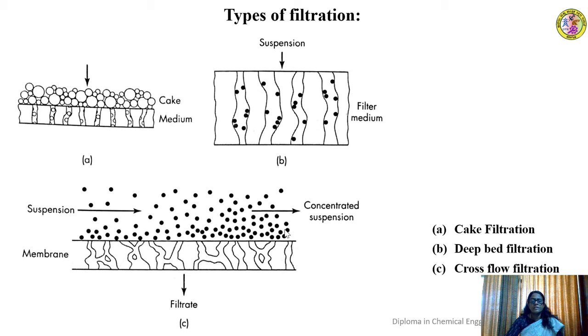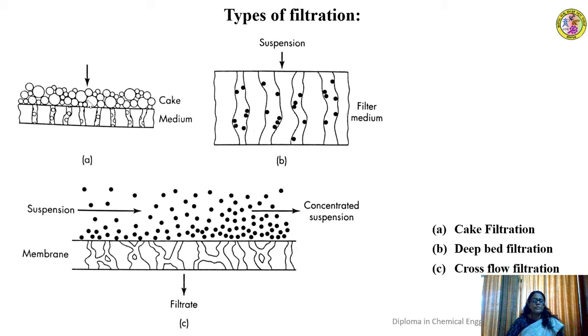This diagram shows you the difference between cake filtration and deep bed filtration. In the case of cake filtration, as shown in figure A, this is a filter medium which is not very thick. The particles to be separated will deposit over the surface of the filter medium.